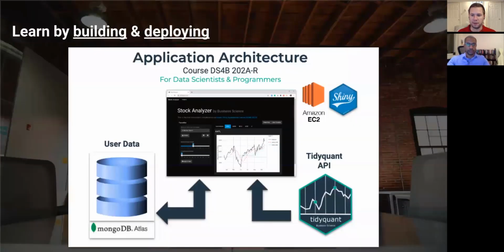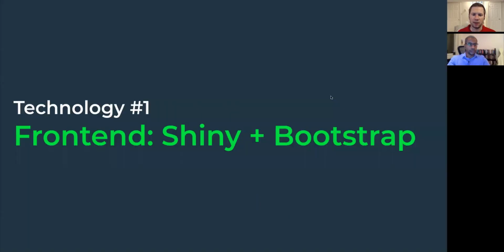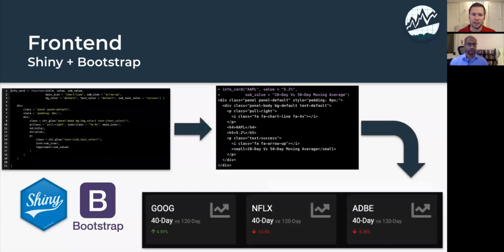So on this previous slide, I don't have Bootstrap or the front end stuff shown, but this is the back end, and then this is the cloud solution. So you can kind of see how it fits together. The first technology that I want to talk about is actually the front end. And what I mean by front end is when you go to build an application utilizing Shiny, you're going to develop code that looks like this here, where it's actually R code.